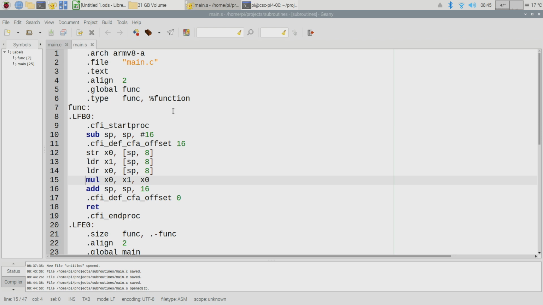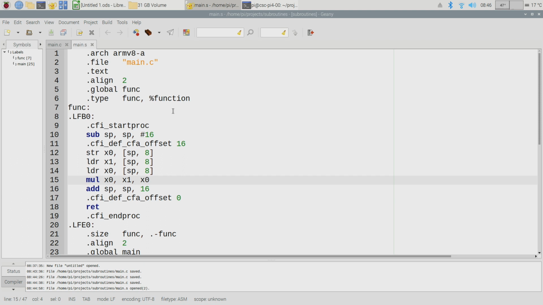Okay, so look at what registers are listed here. x0, x1, x0. The first x0 tells me where the answer is going to be put, right? And then the second two things, x1 and x0, tell me the two numbers that I'm going to multiply.